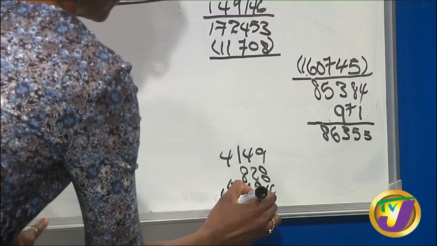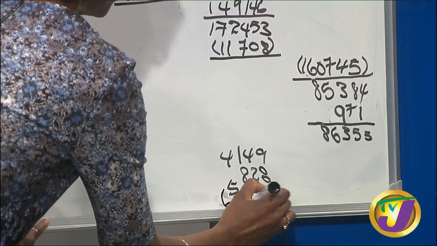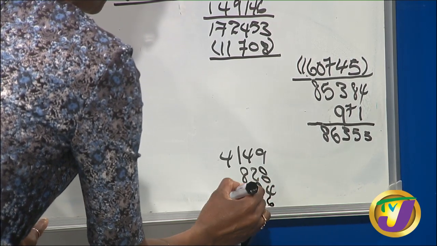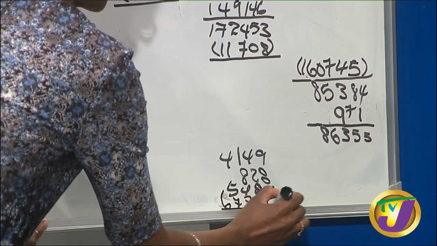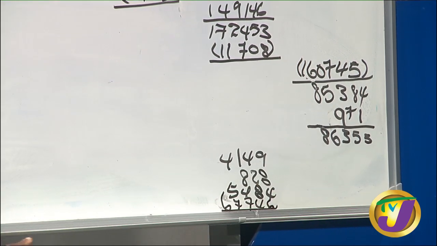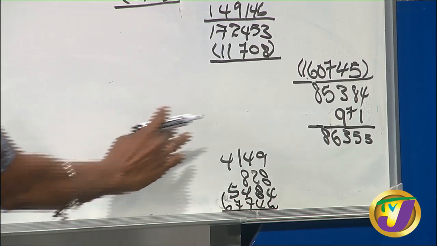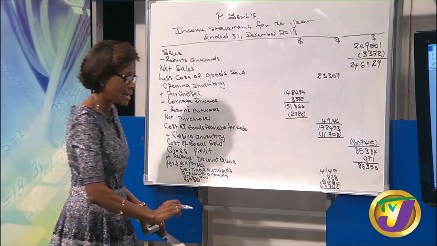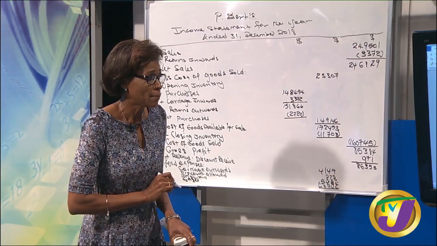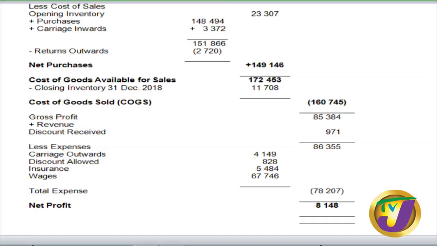So it's 67,000 students, 746. All right. So what's going to happen here? We're going to total our expenses. We total them: the 4,149 plus the 828 plus the 5,484 and the 67,746.